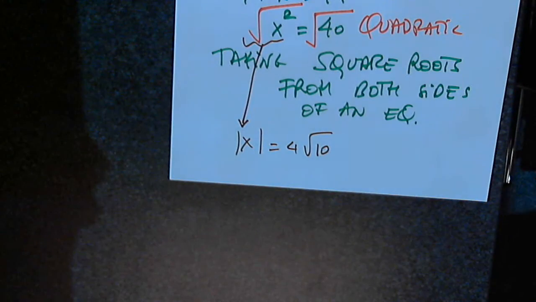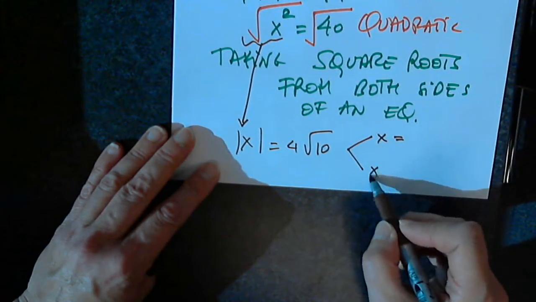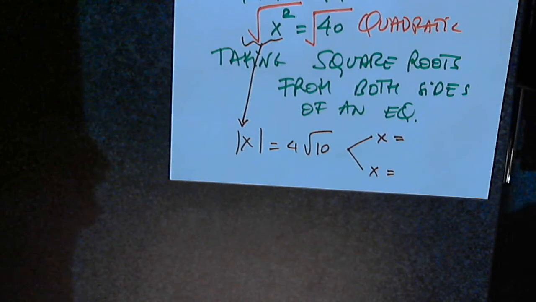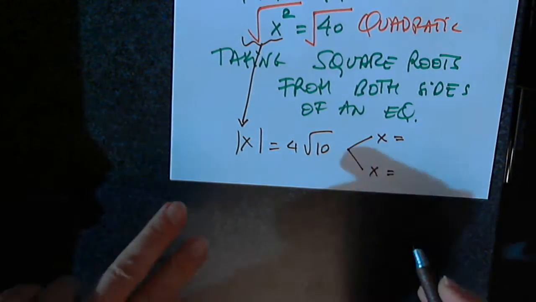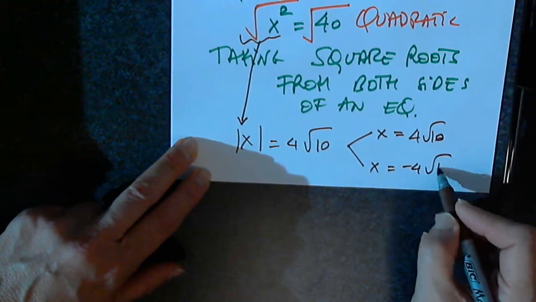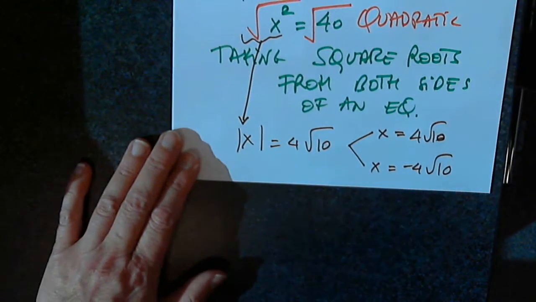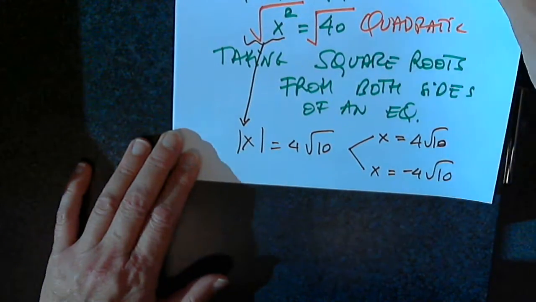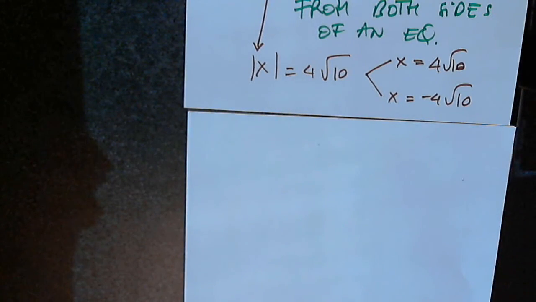But now I know that this equation will have 2 possibilities, x equals and x equals. I've solved these in chapter 9. What are the 2 options? Plus or minus 4 times the square root of 10, of course. Now, which one does not work here? It doesn't have a place here. Negative. Yes, would you agree?